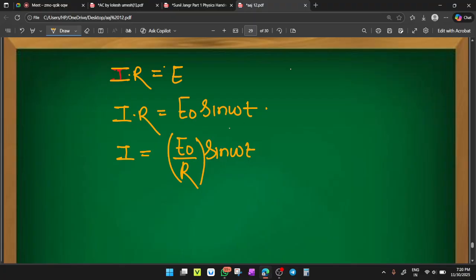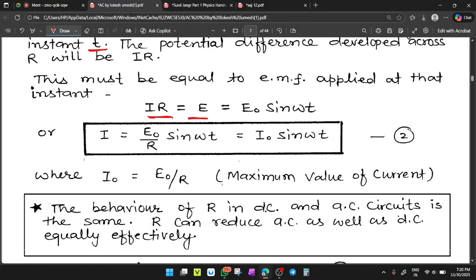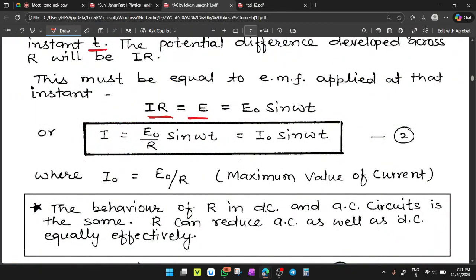Here E naught upon R equals I naught, the maximum value of the current, the peak current. Okay, this is called the peak current. So the equation becomes I equals I naught sin omega t. Clear? I equals I naught sin omega t.